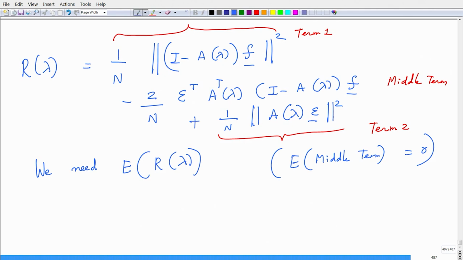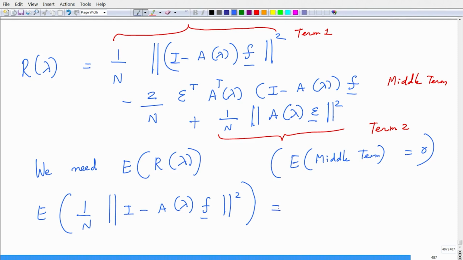So let us simplify this. Now expected value of 1 upon n the norm of I minus A of lambda times F, this squared is, there is nothing random about it, so therefore it is just 1 upon n the norm of I minus A of lambda times F, this squared.